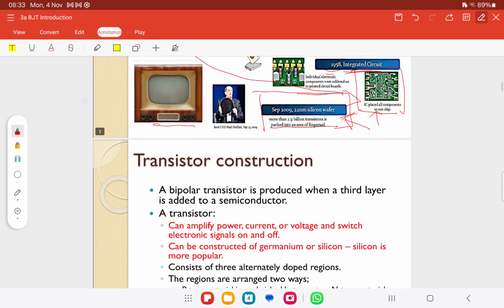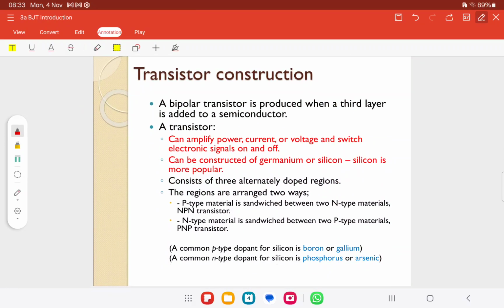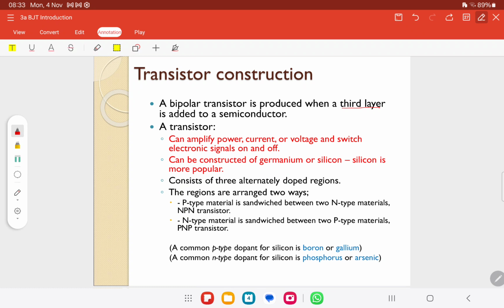Alright, so this is for the transistor construction. A bipolar transistor is produced when a third layer is added to a semiconductor, like I explained before. We have two layers, P and N, two compounds, and if we add another one, we get NPN or PNP.